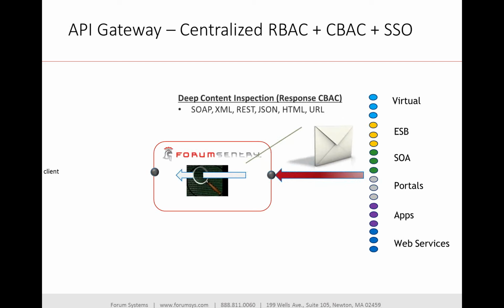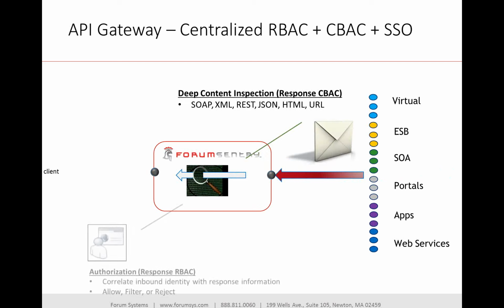The response information is data flowing out of the information boundary, and it's important to inspect that as well, because content-based access control isn't just looking at request information. It's also looking at response information. Deep content inspection and analytics of what data is leaving the information boundary, going back out to that calling client or consumer.